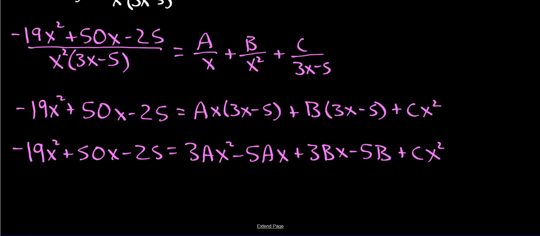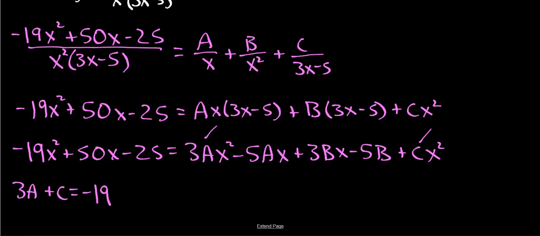Now I equate everything together. So here's what I've got. I've got 3a, getting my x squareds together, plus c, that equals negative 19. I take all the coefficients of x squared and put those equal to the negative 19.